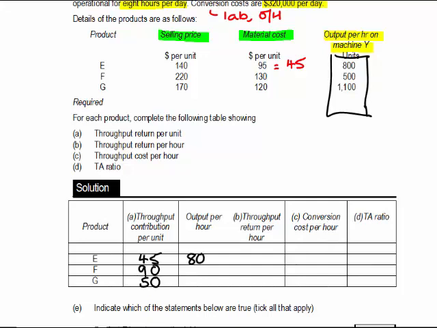We've got 800, we've got 500 and 1100, and we can produce that amount per hour. So in a total hour, the total throughput return that we're going to get for E is the 45 multiplied by the 800, which is 36,000. For F, it's going to be 45,000, and for G, 55,000.